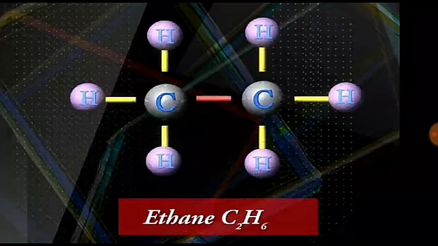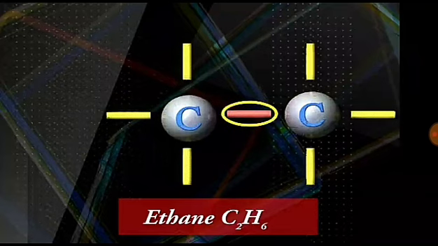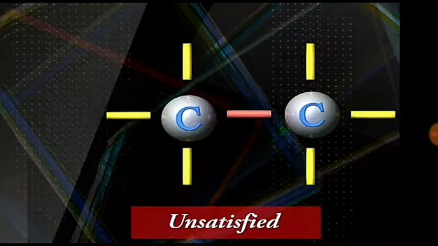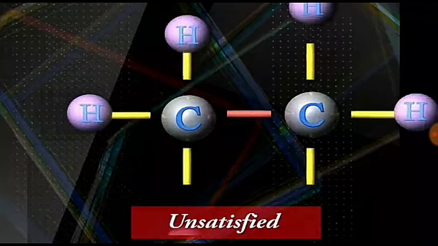Example, ethane, C2H6. In order to arrive at the structure of ethane or any other simple carbon compound, the first step is to link the carbon atoms together with a single bond. The 3 valencies of each carbon atom are unsatisfied, so each is bonded with hydrogen atoms.